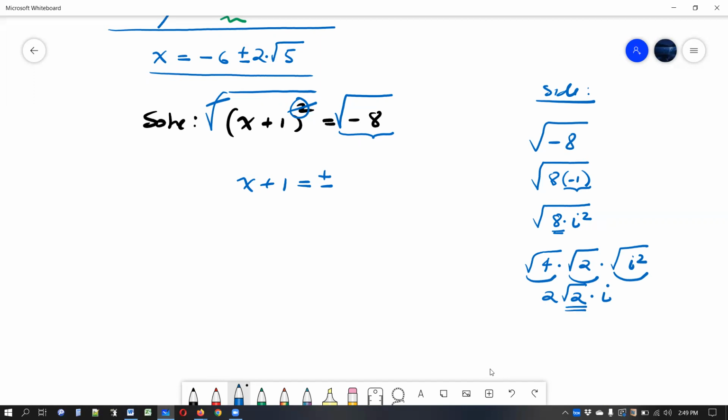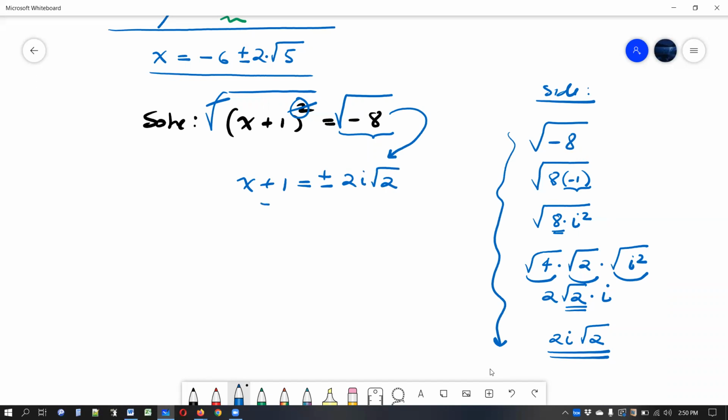Always rewrite the radical last, so your solution here would be 2i radical 2. So this value you would write right here. So the square root of negative 8, which is an imaginary number, gets rewritten as 2i radical 2 through the process of simplification as you see here.